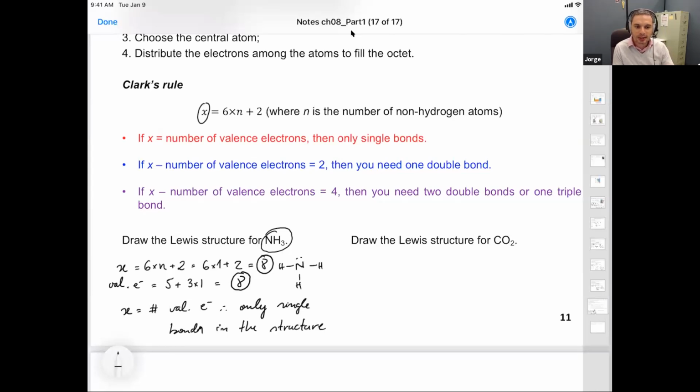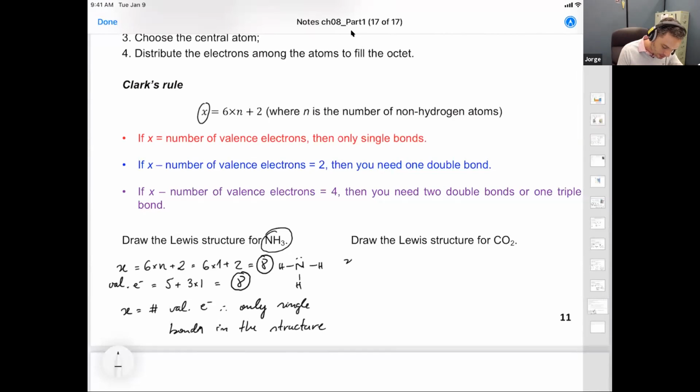Now let's do the same thing for CO2. Before we draw the structure of CO2, we can use the Clark's rule to know in advance if we need double bonds, triple bonds, or if only single bonds will be present.